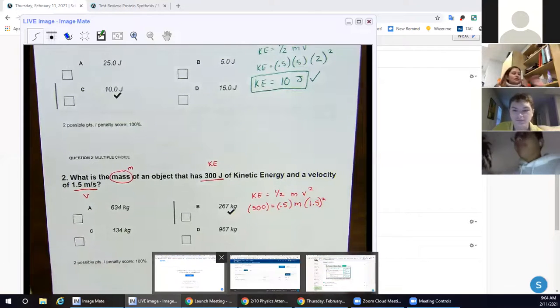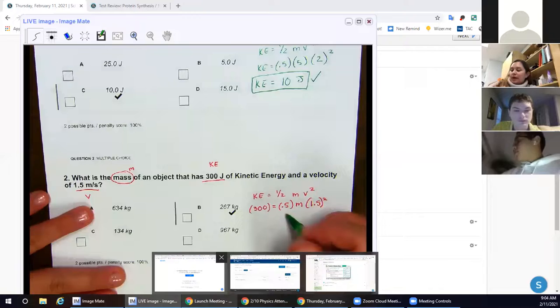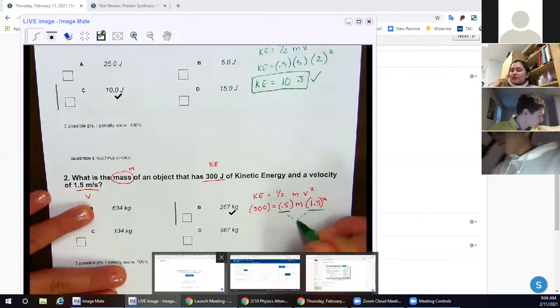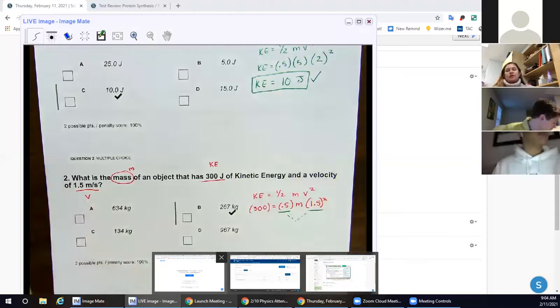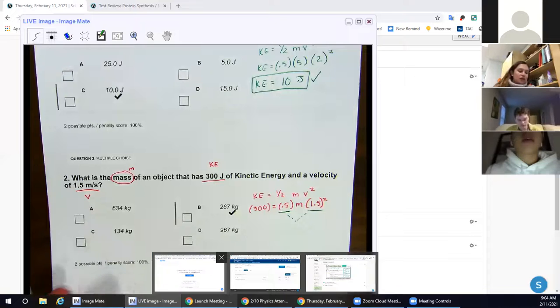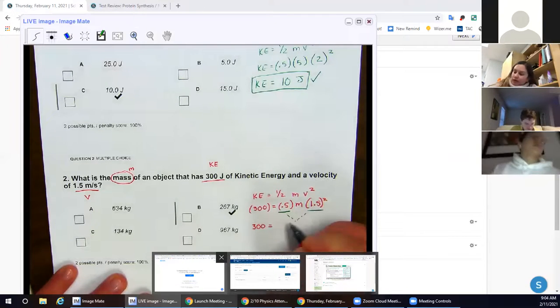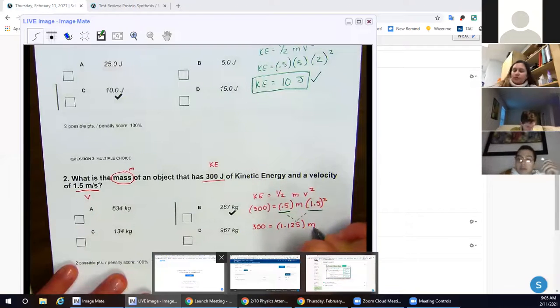So yes, you can combine your 0.5 and your 1.5 squared. You can do that because of the rules of algebra. They're all being multiplied, so you can just multiply those two together. So you're going to get 300 equals 1.125 m.